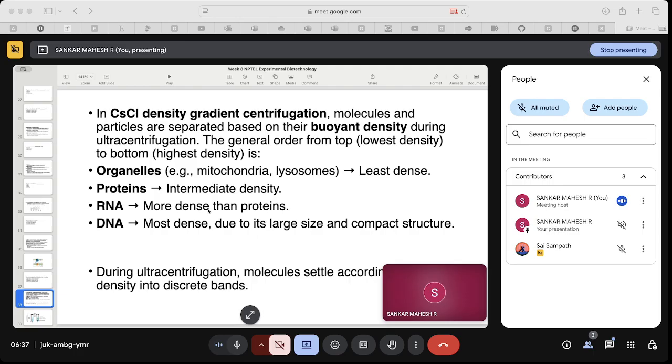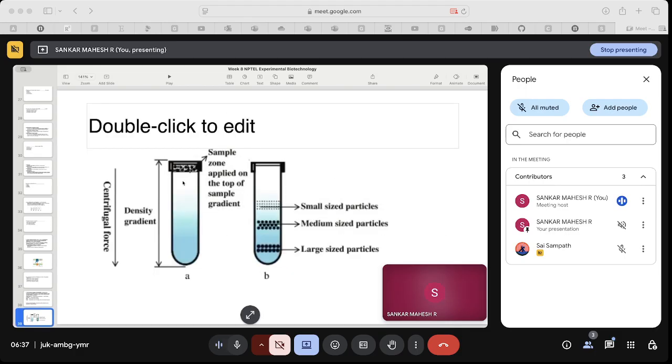You just need to have a rough estimate of what the maximum density and the minimum density would be, so that you will have gradients. First you need to make this gradient. I just recently read about how to make these gradients.